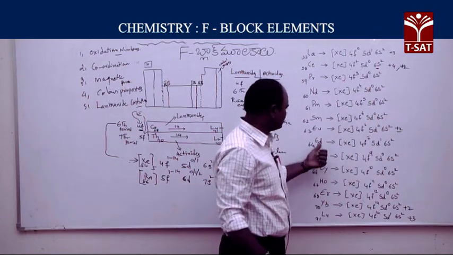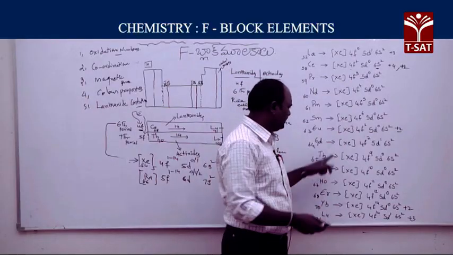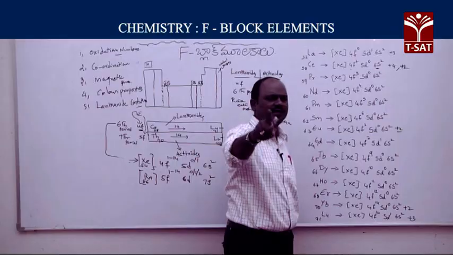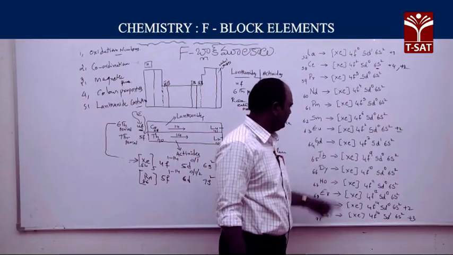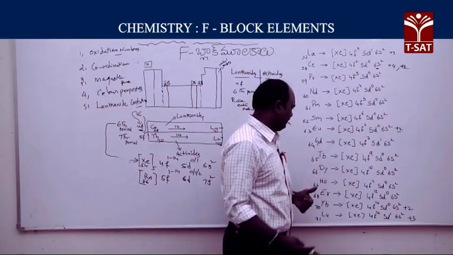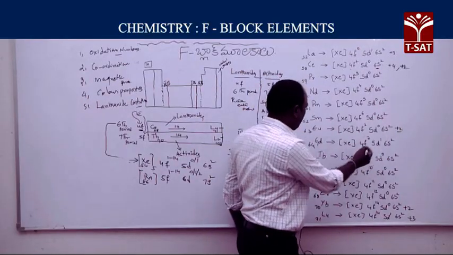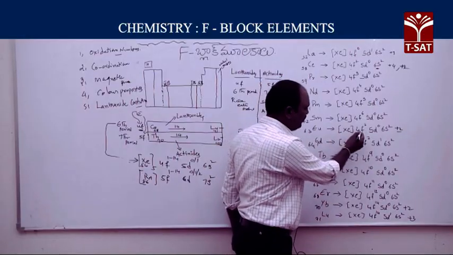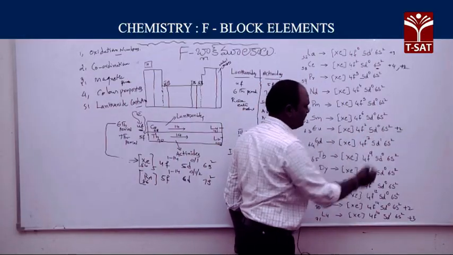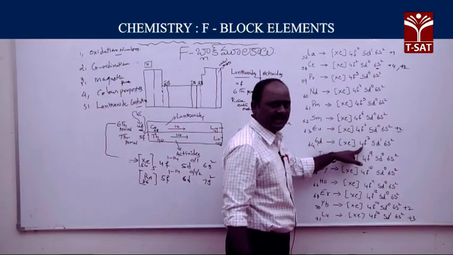Sometimes, in the case of gadolinium, atomic number 64, it was a previously asked question regarding the electron configuration of gadolinium in the IIT Mains examination, so please concentrate here. Gadolinium, xenon, 4f7, 5d1. Before that element, 4f7, 5d0, 6s2. But the next one should have the electronic configuration 4f8.